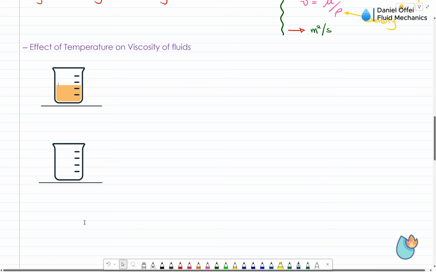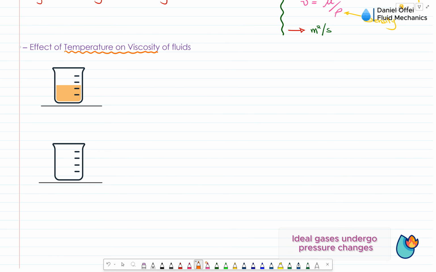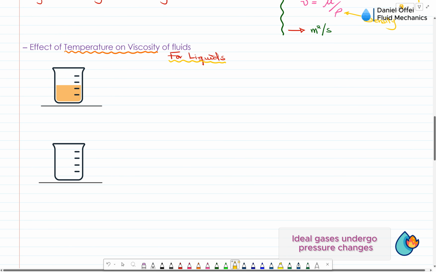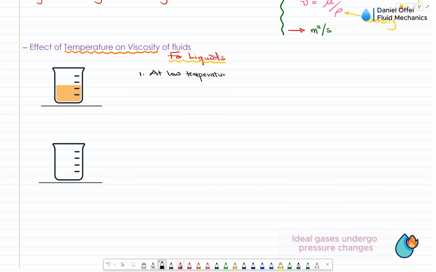Now let's look at how temperature affects viscosity of different fluids. Now at low temperatures, the viscosity of liquids is high because there is no energy to break the bonds between the liquid molecules or the liquid layers.